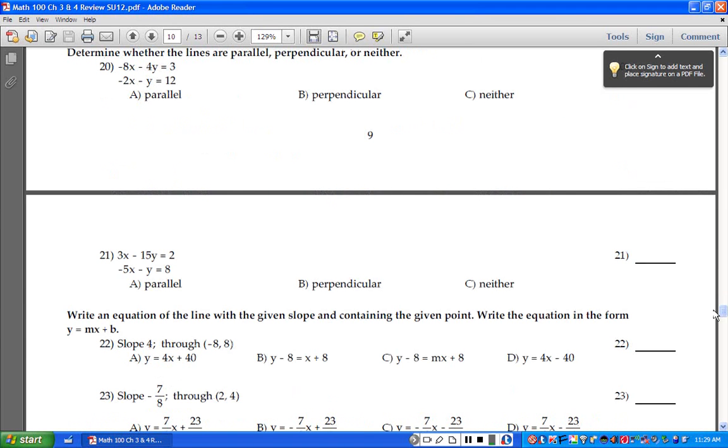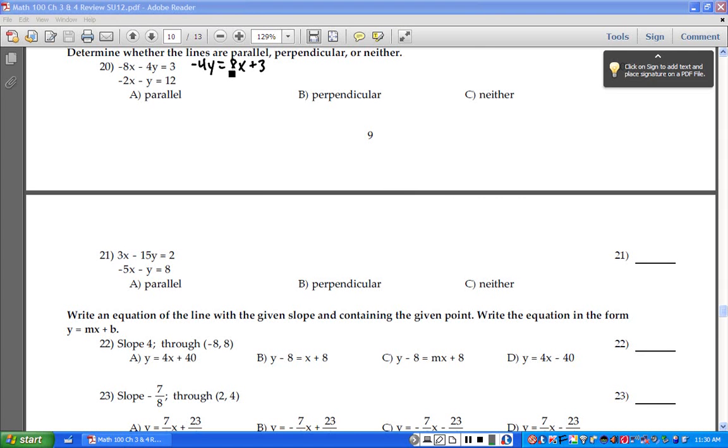Number 20. Decide whether the lines are parallel, perpendicular, or neither. So here, all we're really looking to do is put the lines in slope-intercept form and then compare the slopes. If we put the first one in slope-intercept form, we would have -4y equals 8x plus 3.